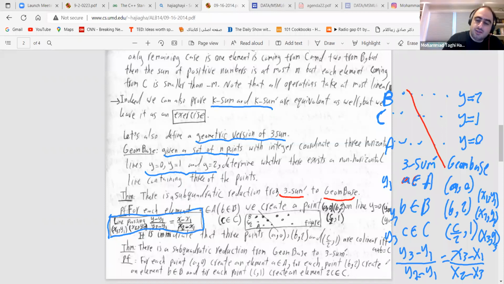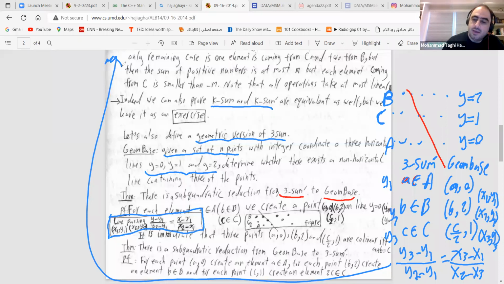I'm just putting these into the equation. y1 would be 0, so here y3 minus y1 would be 1 minus 0. What is y2 minus y1?